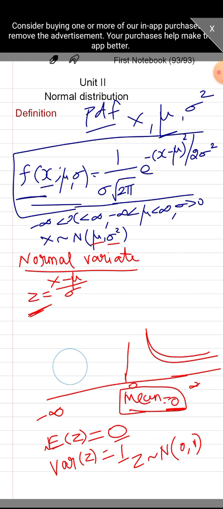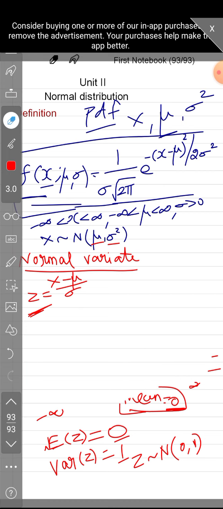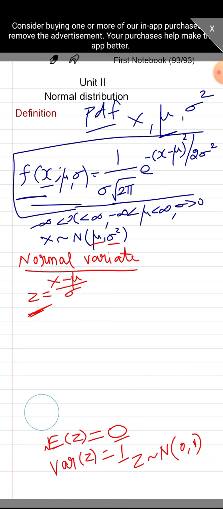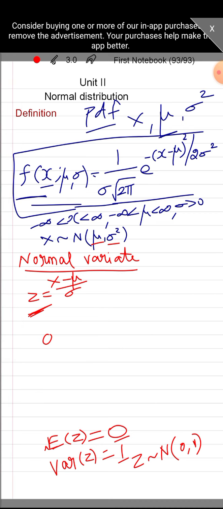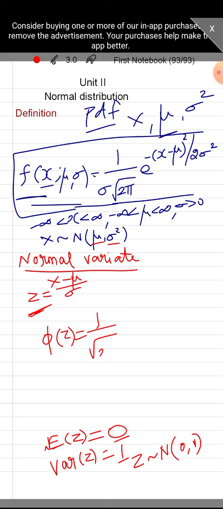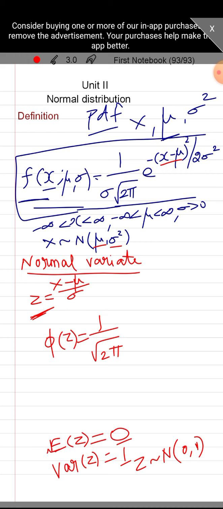And the PDF of Z, probability density function of Z, phi of Z is 1 by root 2 pi. Okay. So x minus mu divided by sigma. X minus mu square divided by sigma square. So that is said to be Z. Okay.